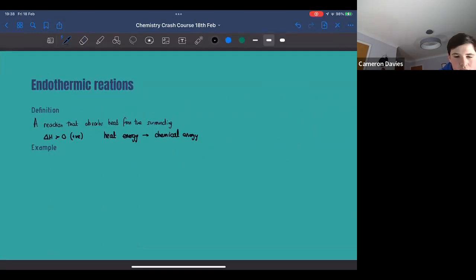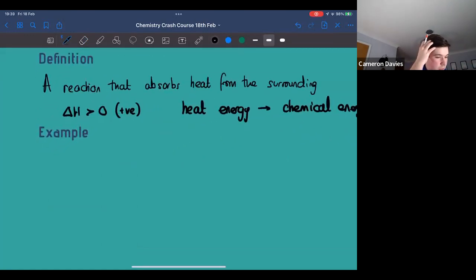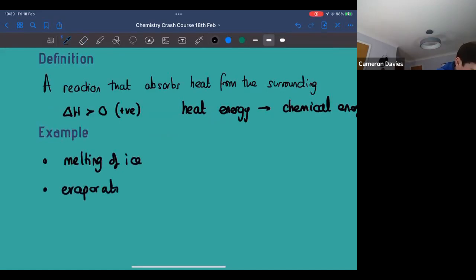We'll look at why that is in a second. Some examples of this kind of reaction might be the melting of ice and evaporating water.